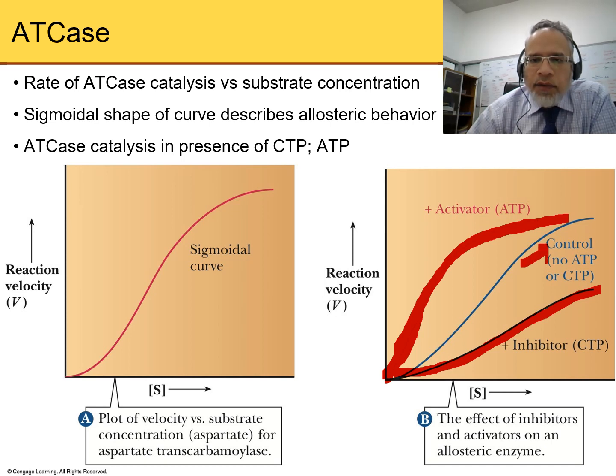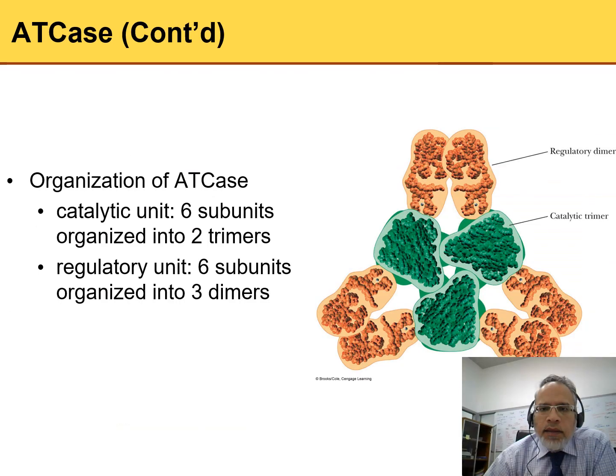It shows normal behavior like that, and since CTP is a negative inhibitor, it shifts the graph to the right. ATP is an activator, it shifts to the left hand side. Okay, and this is just to show you, you don't have to memorize this. Oh, by the way, you don't have to memorize any of the other pathways and pictures we talked about.